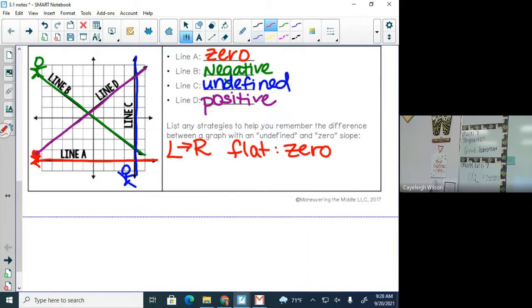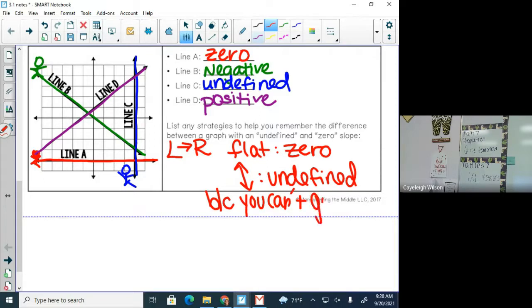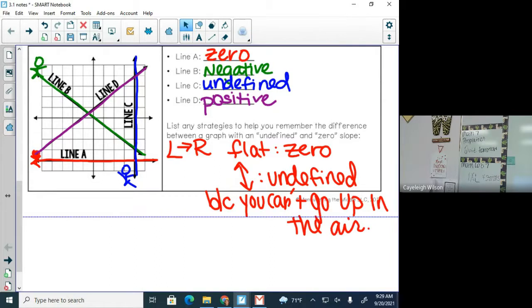But if it's vertical, if it's up and down, this one is undefined. And the reason we know this one's undefined is because he cannot go straight up in the air.